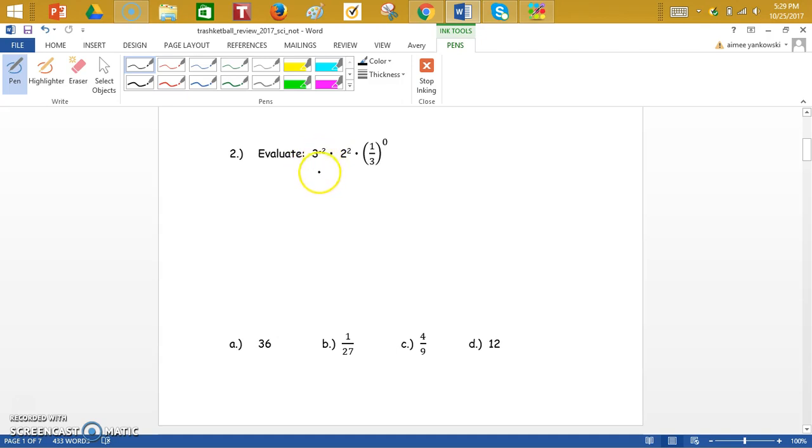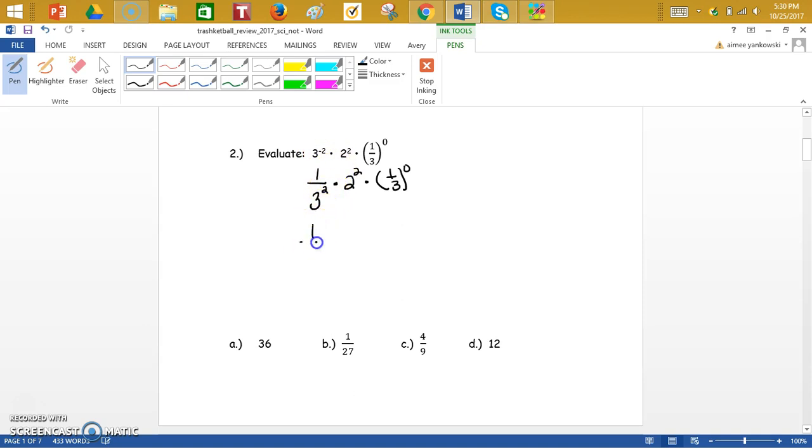So 3 to the negative 2, that means 1 over 3 to the 2nd power times 2 to the 2nd times 1/3 to the 0. Okay, so negative exponents, it's 1 over, you keep the base of 3, you change that exponent to a positive.